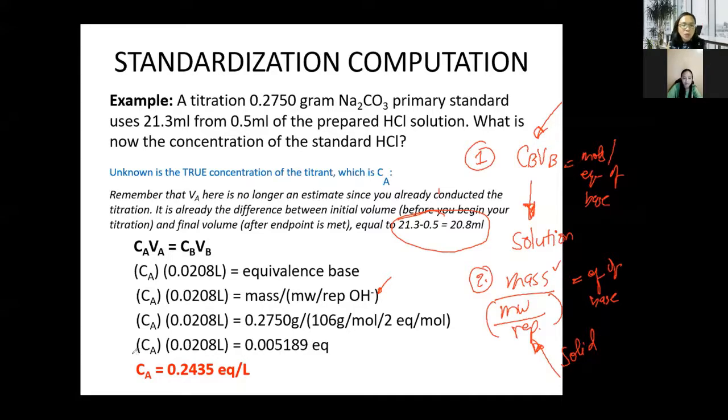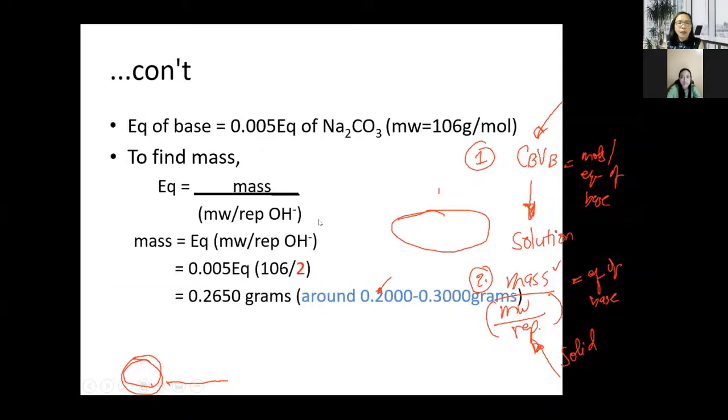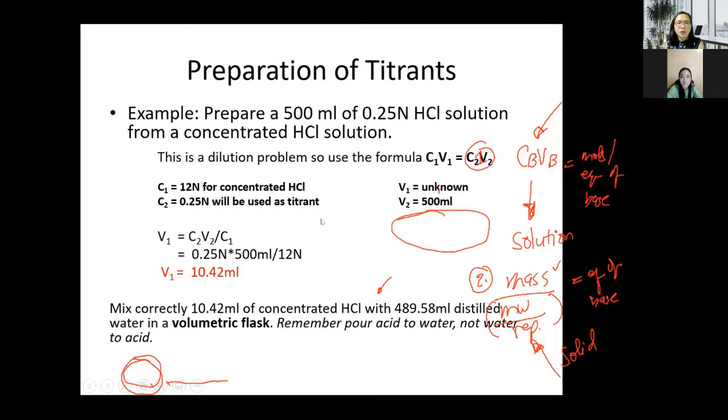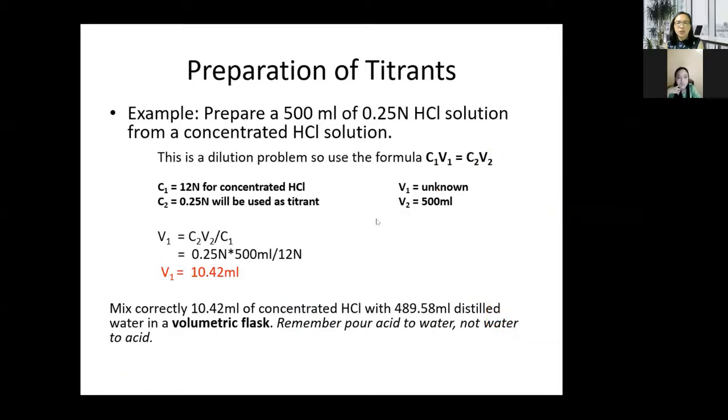So our unknown here is the concentration of your acid. By solving, the concentration of the acid is 0.2435. That is now the true concentration of your acid. From our previous example in our preparation, what should it have been? What should be the concentration of our acid here? What is our desired concentration?